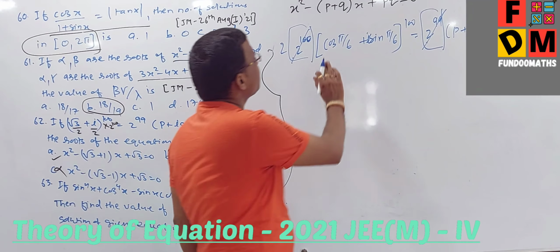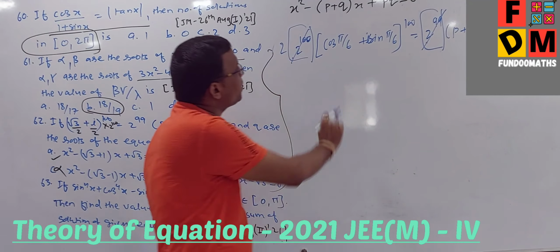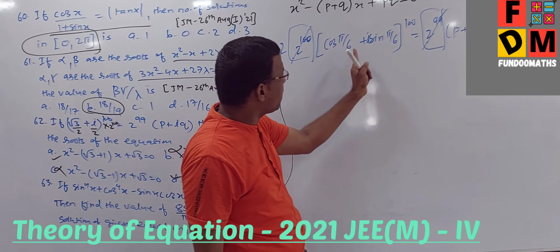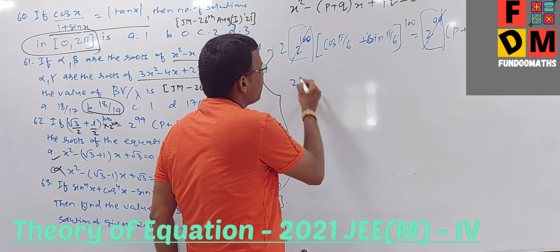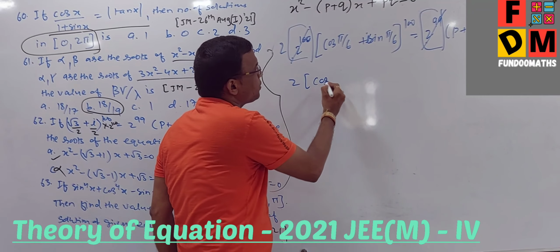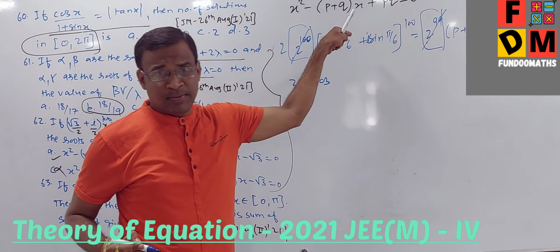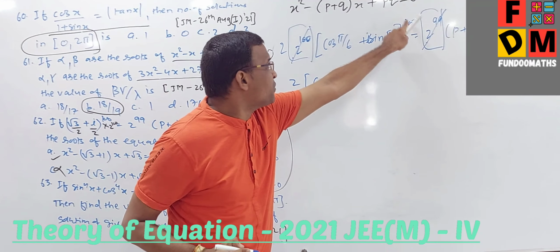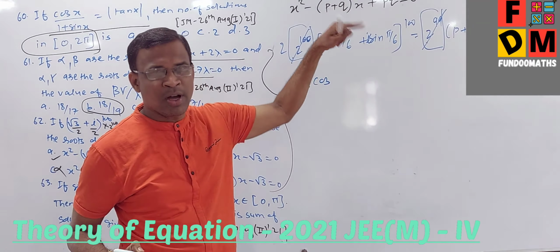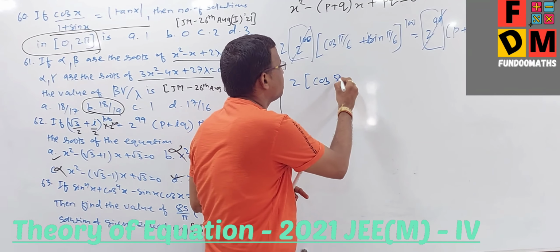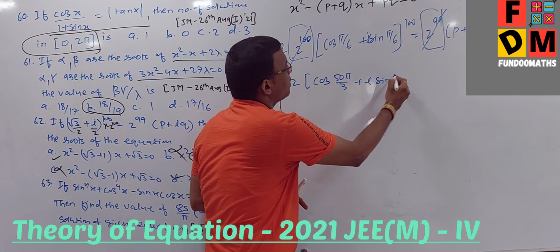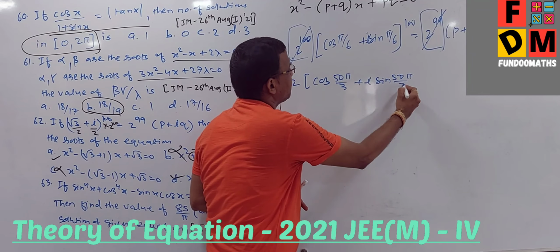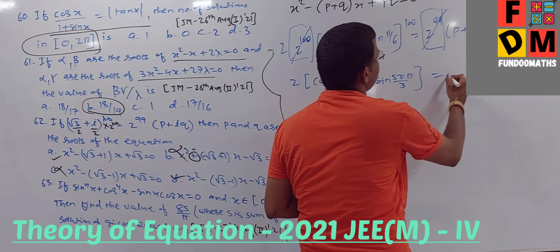Now Euler's rule you can apply here: (cos theta plus i sin theta) to the power n will give you cos n theta plus i sin n theta. You remember cos n theta. So 2 times cos 100 pi by 6, which is 50 pi by 3, plus i sin 50 pi by 3, is equal to p plus iq.